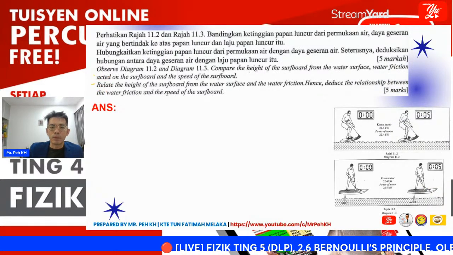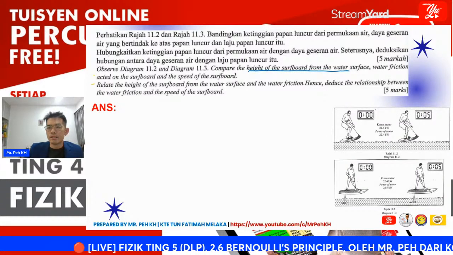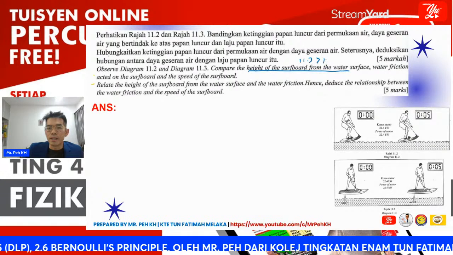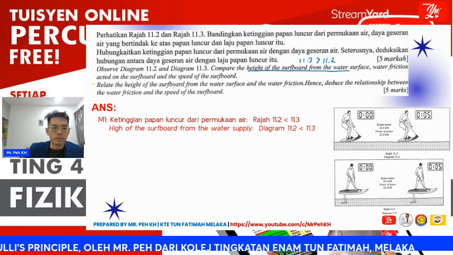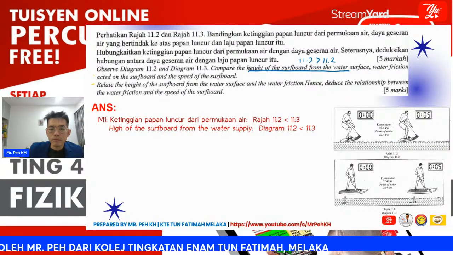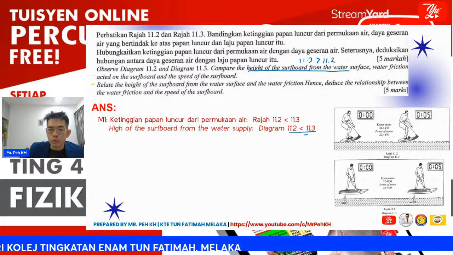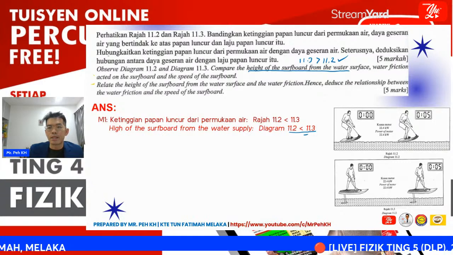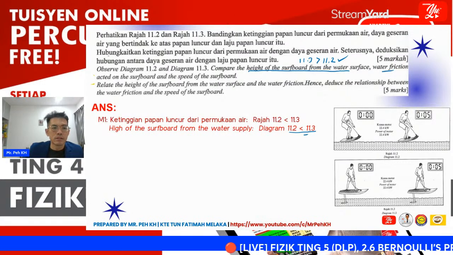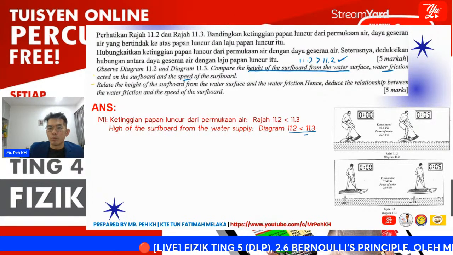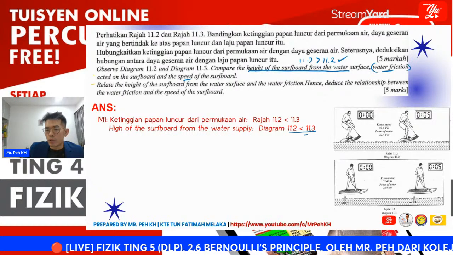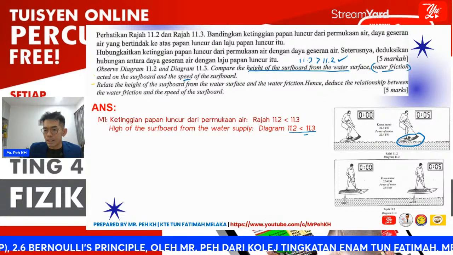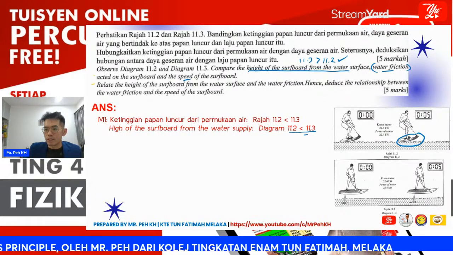The first, as mentioned, we need to compare the height. Here 11.3 is higher than 11.2. So the first mark: height of surfboard 11.2 less than 11.3. Second, we discuss the water friction and the speed. You can see in 11.2, the surfboard is touching the surface of the water.